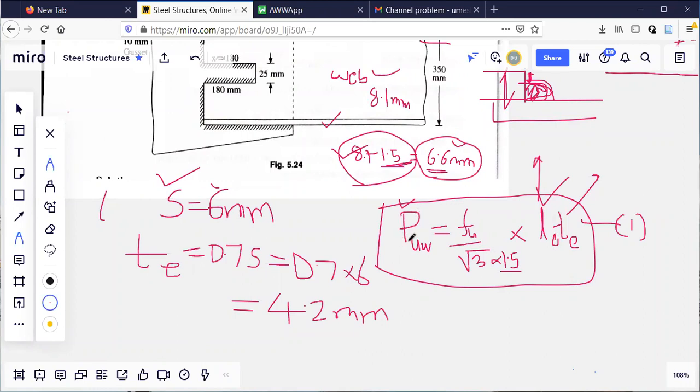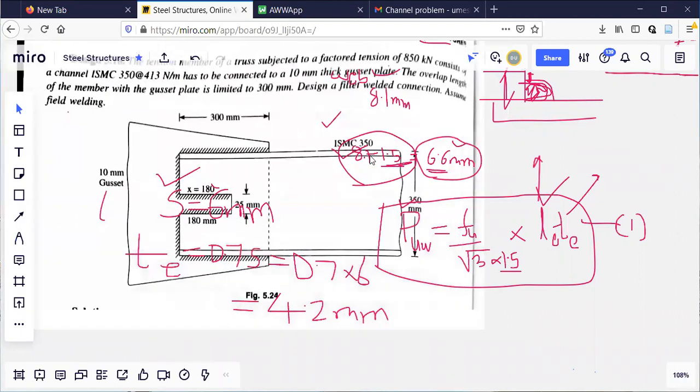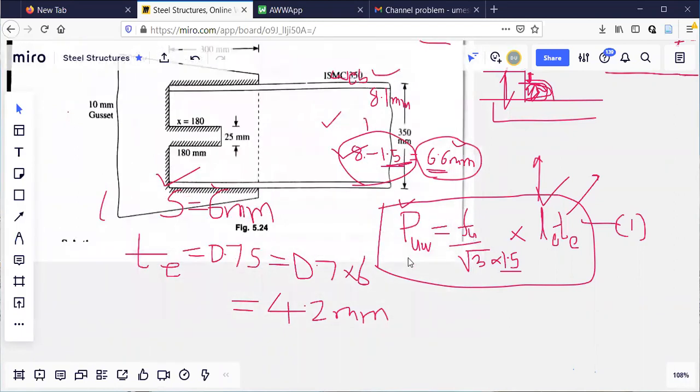It is the force that has to be carried by this joint, given in the problem. You see it is 850 kilonewton, so 850 into 10 raised to 3. You substitute all this. L you keep as it is. T is 4.2. You are going to get LE. So how much is that? I'll give you now. The solution he has done in this one: 1282.4. Just 2 more minutes, then I'll stop it.